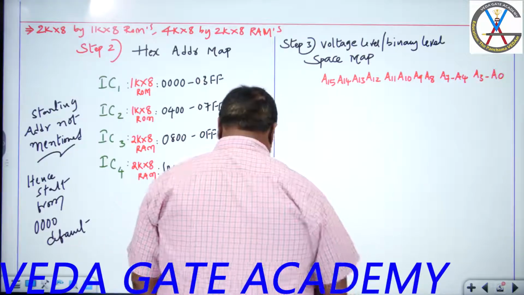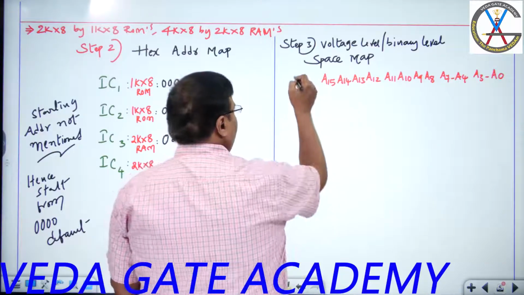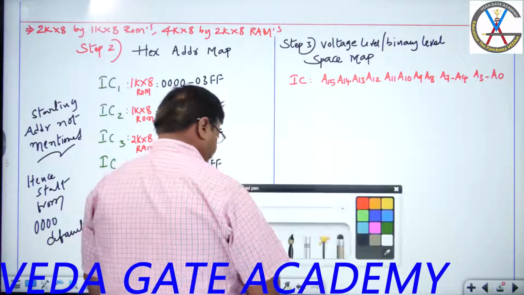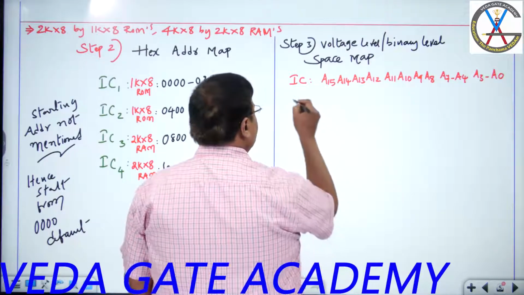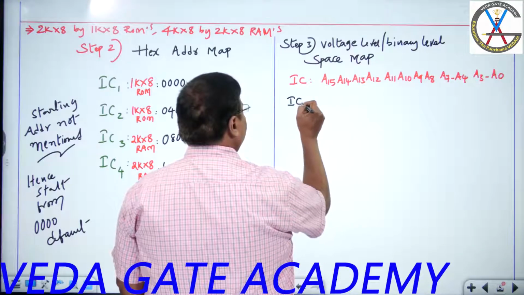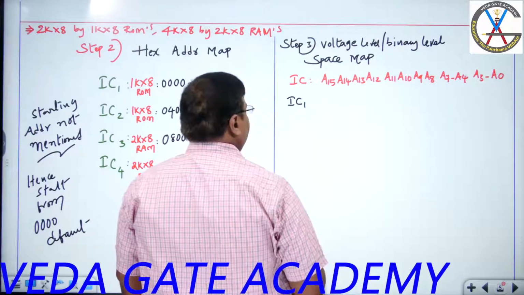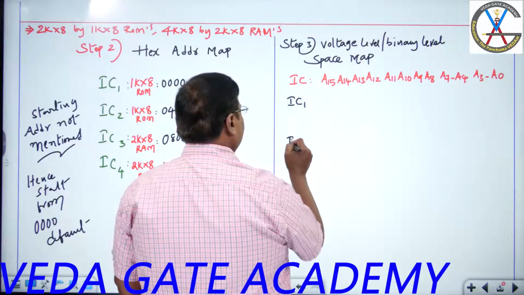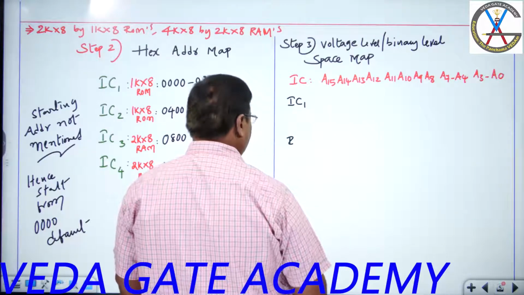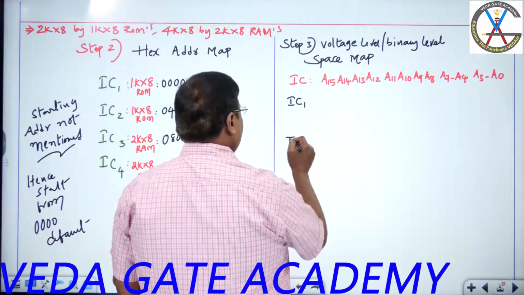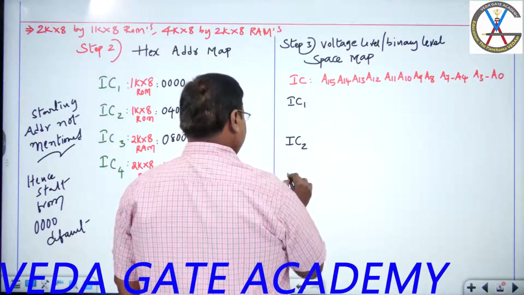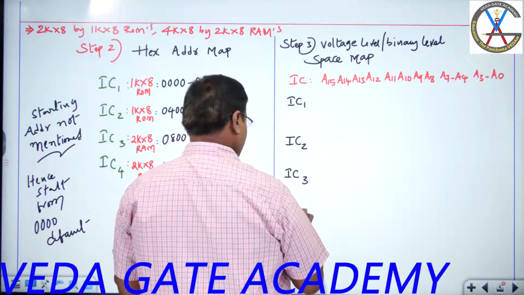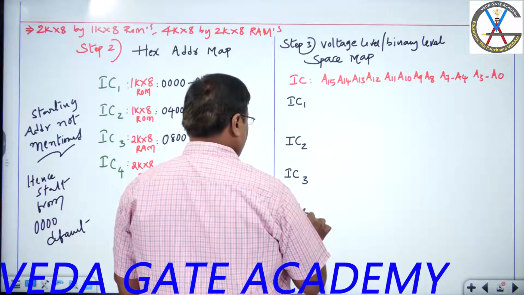Yes, please. Now here I have IC number. IC1, 1K into 8, right? IC2, IC3, IC4.